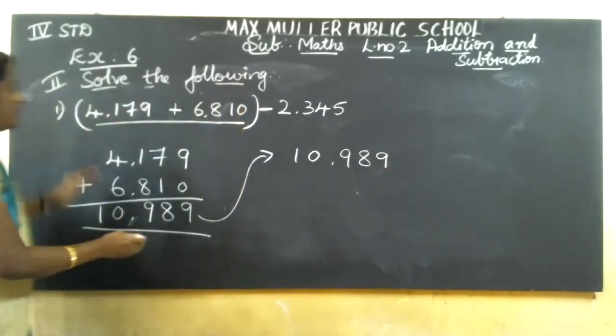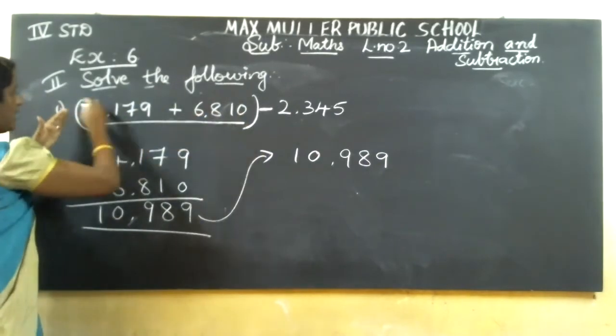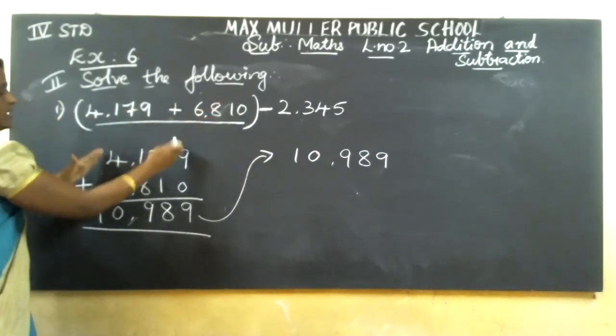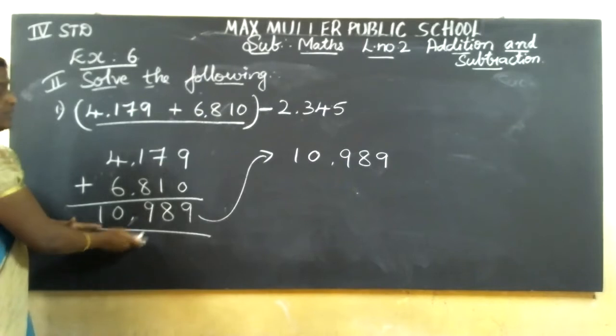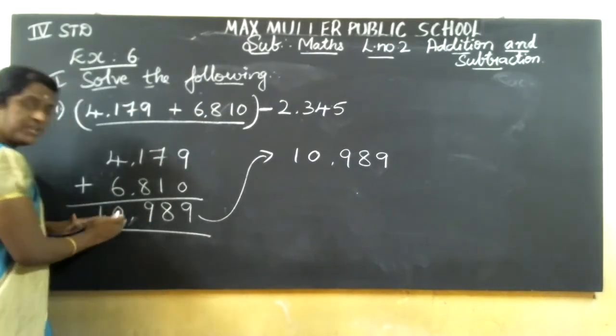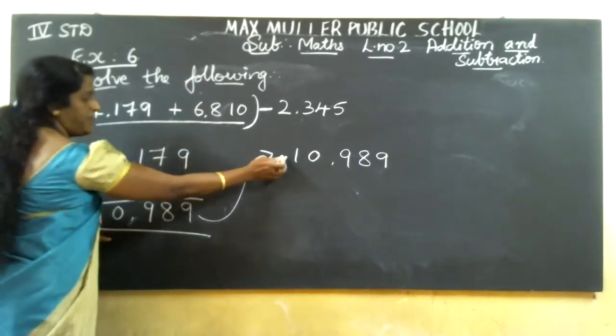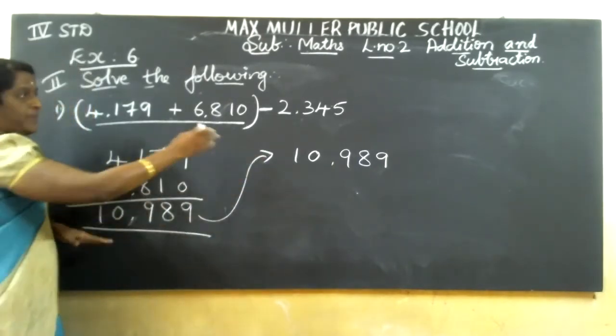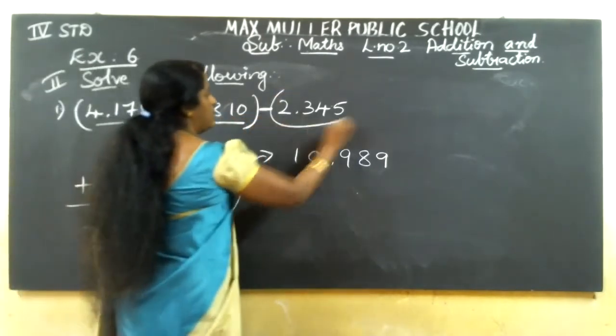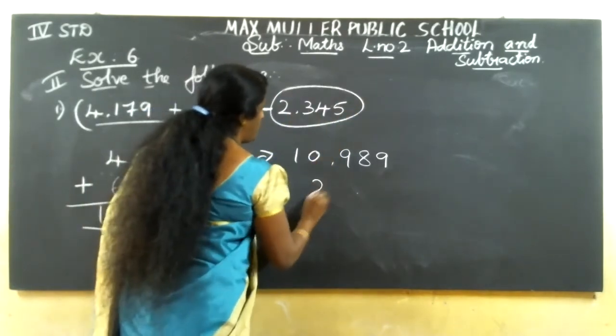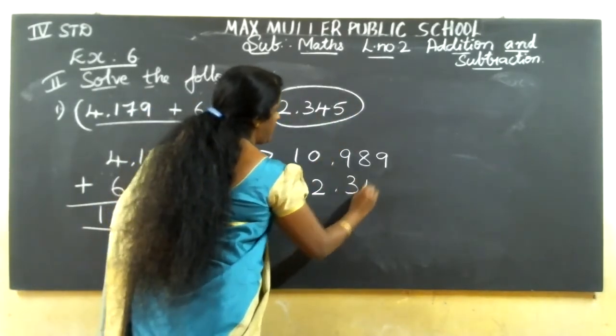See here, these 2 we did addition. I have put brackets. These 2 we have done addition, so we got the answer here. After we do addition and get the sum, this sum we are going to copy here. If you copy this, you can do the subtraction here with this sum.